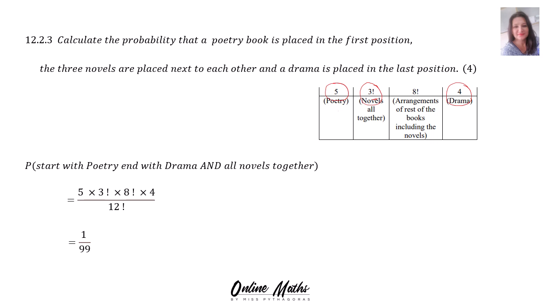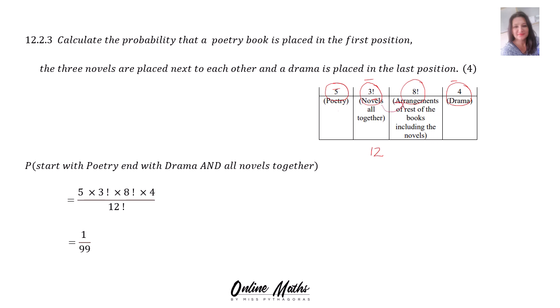So that's why it gets a factorial. Now, if you think about it, where does this 8 come from? This is the arrangement of the rest of the books, including the novels, because we had 12 books in total, minus the poetry is 11, minus the drama is 10, minus this arrangement is 9, but then what is left is 9, but in fact the novels are included there already.